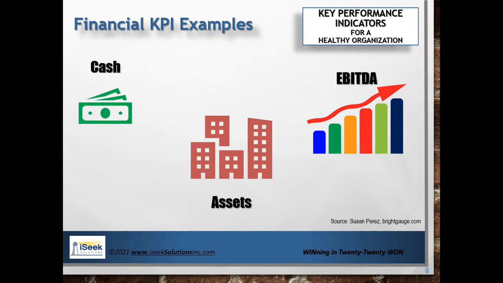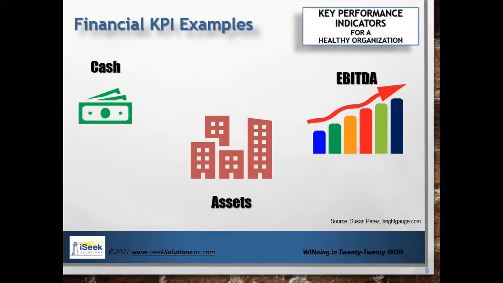And then lastly, but not less importantly, is what we call earnings before interest, taxes, depreciation, and amortization, EBITDA. It's just a quick acronym that's well known in the industry when you talk about auditing your financials, understanding what your gross profit looks like before items within your financials are removed, such as your expenses.